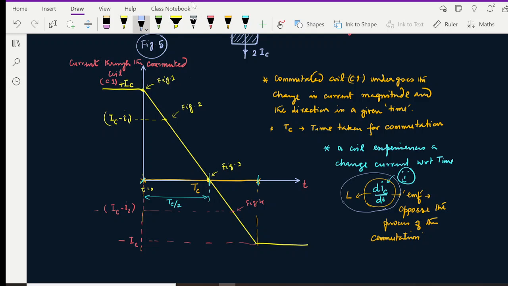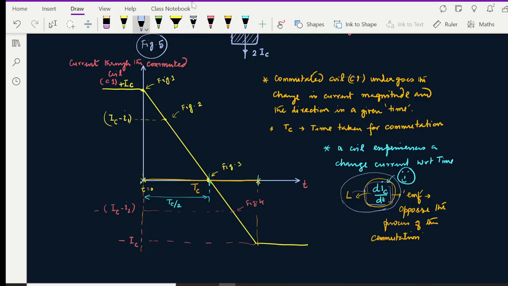So what is given in the literature is that because of this rate of change of current experienced by the coil, self-inductance along with this rate of change of flux would cause an EMF.